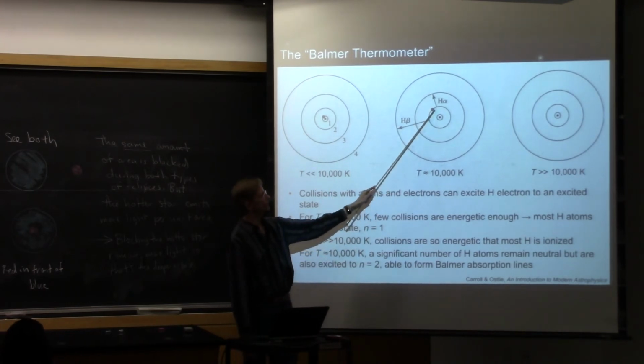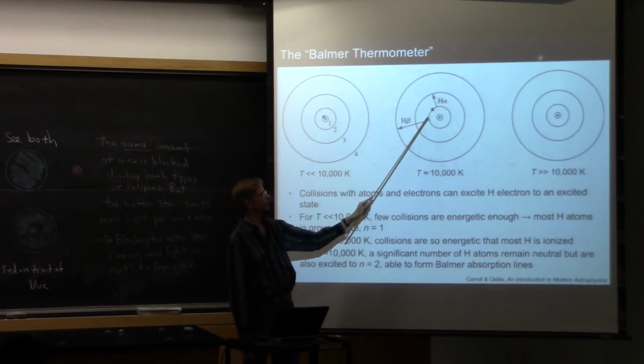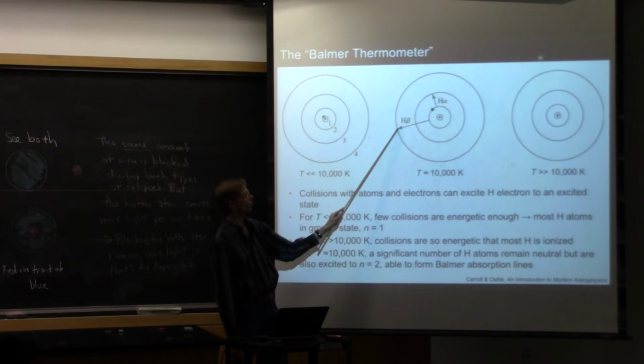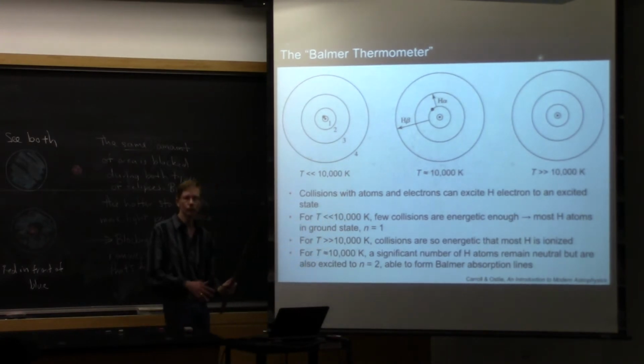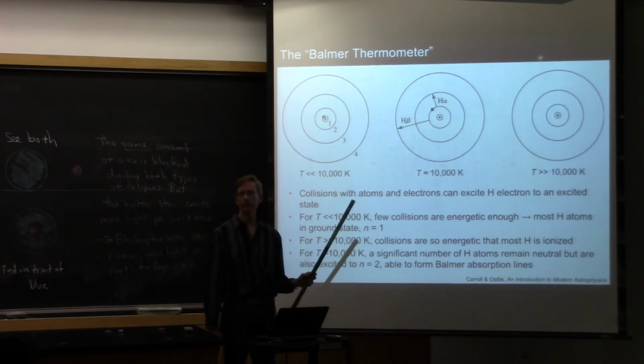If it jumps from n equals 2 to n equals 3, the second level to third level, that's a red photon, so-called H alpha. If it jumps from 2 to 4, that's H beta, that's that turquoise colored line. If it jumps from 2 to 5 or 6, those are the indigo colored lines.